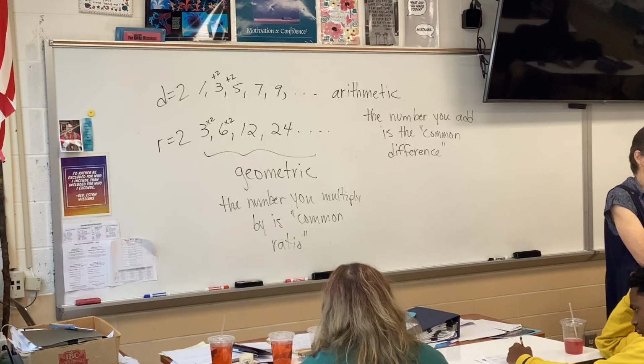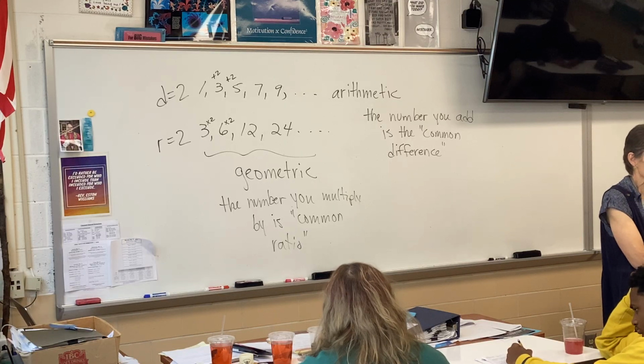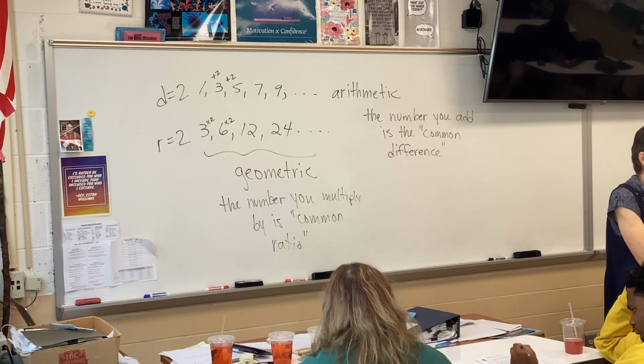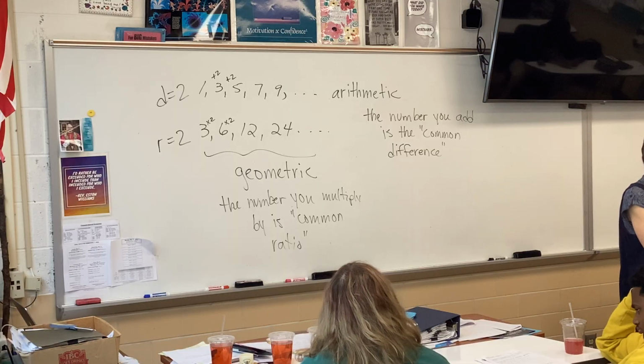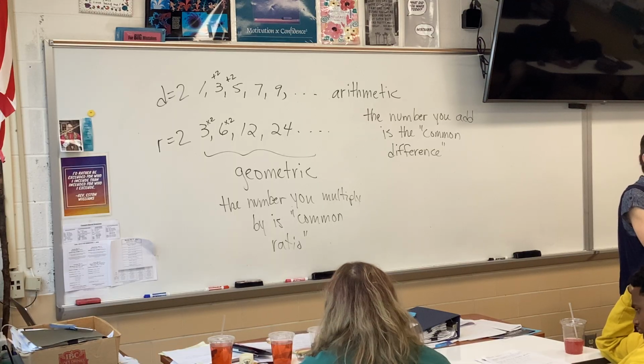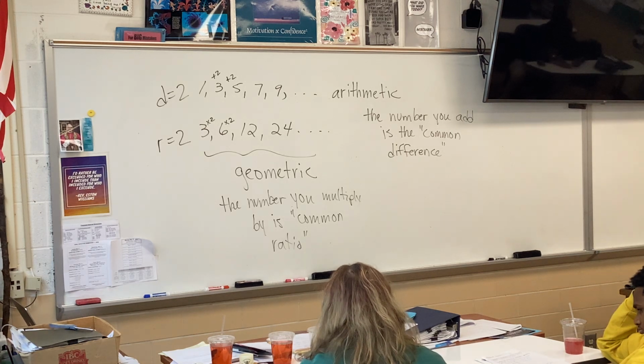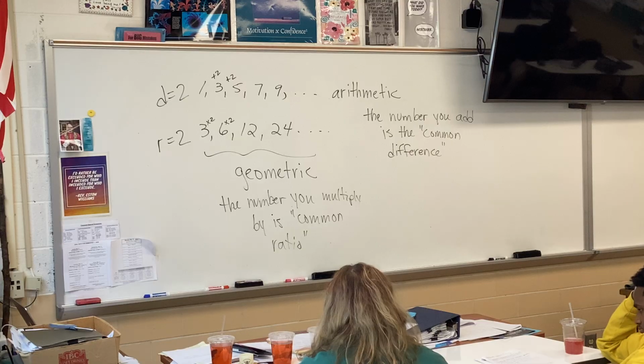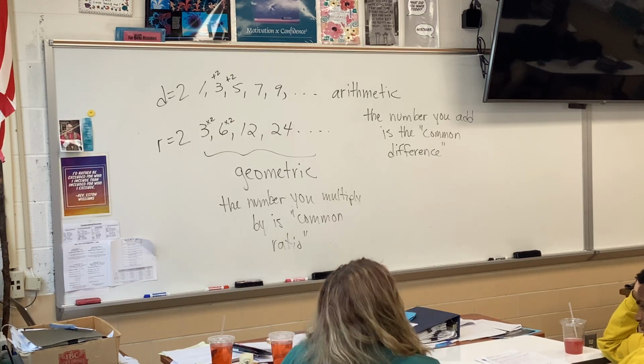How about letter D? Can you see what's happening? We start out by adding 2, then we add 4, then we add 6. Well, wait a second. Is that arithmetic? No, because if it's arithmetic, we have to add the same number.